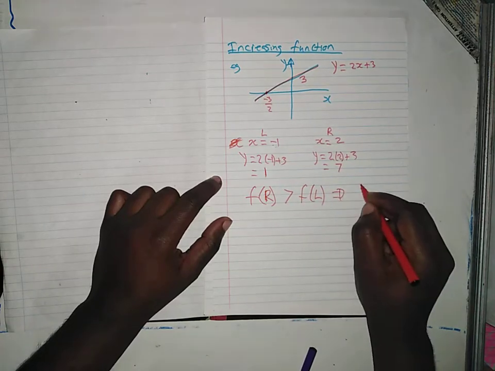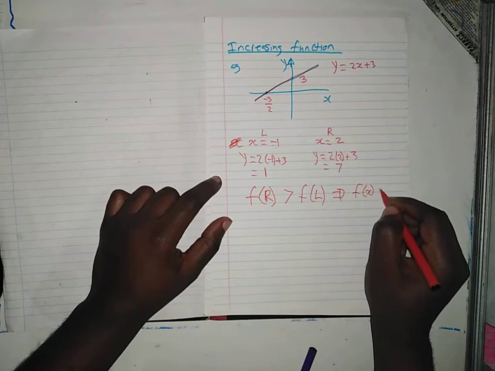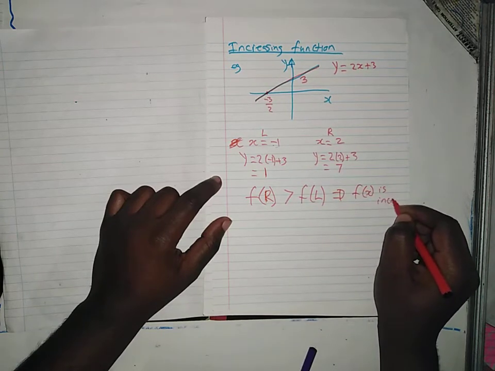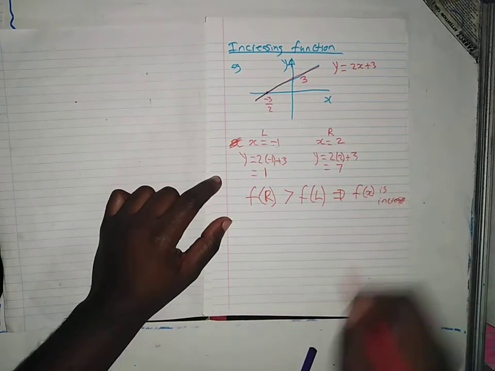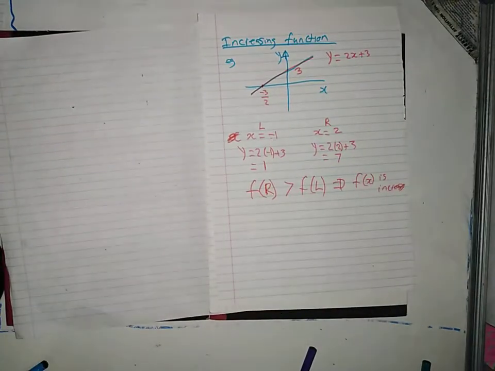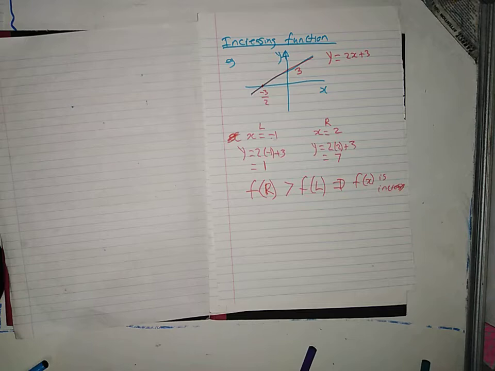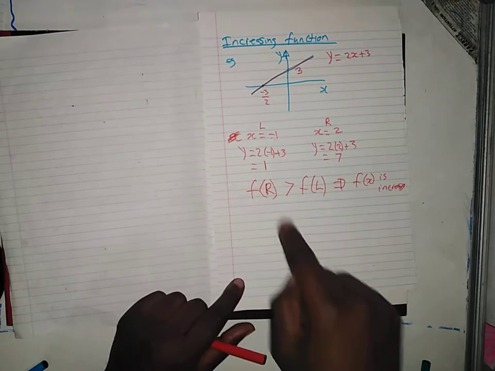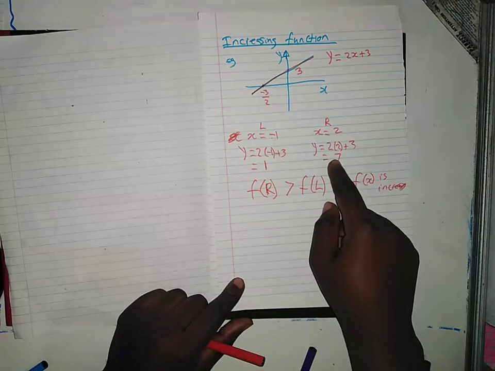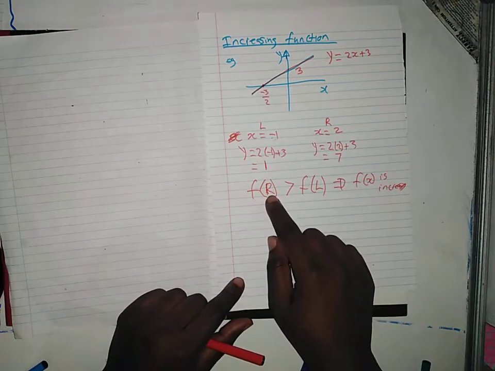That will mean that f at x is increasing. Okay, so if you've got a function and you are trying to see if this function is increasing, or you want to show that this function is increasing, you can just pick 2 values and then evaluate them and look at the outcome that you got. If the outcome that you get on the right is greater than the outcome that you get on the left, then you know that it is what? It is increasing. Does that make sense?